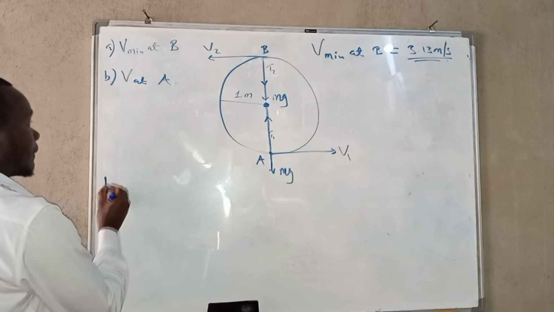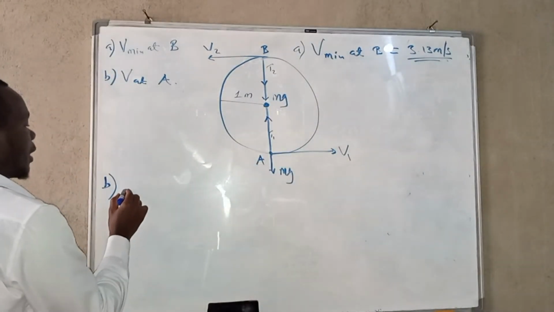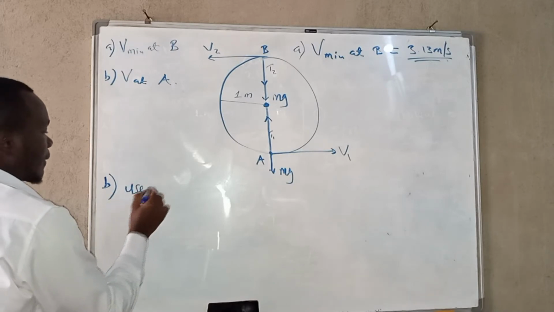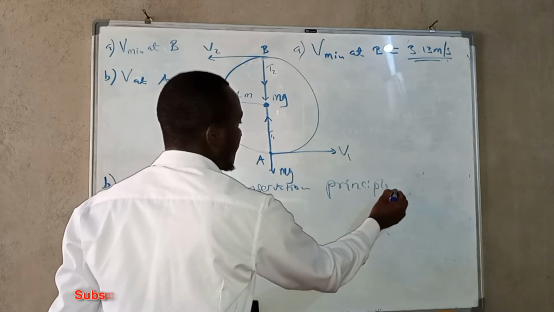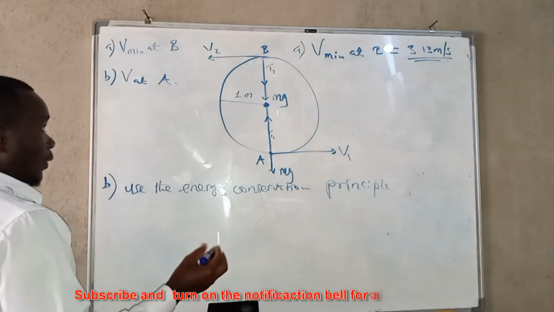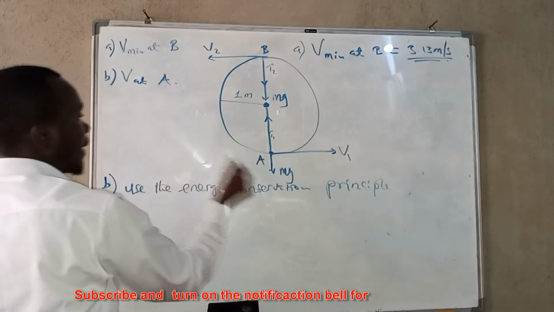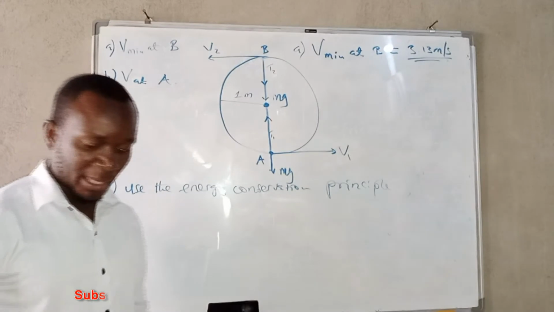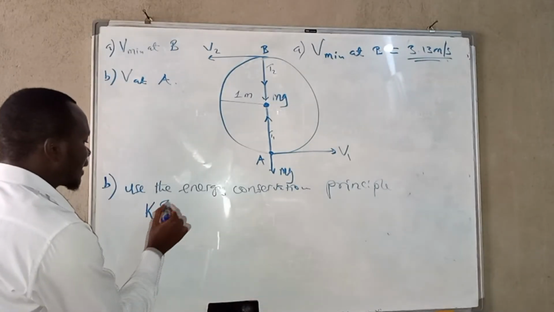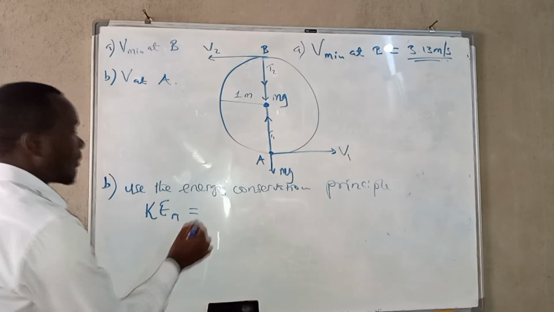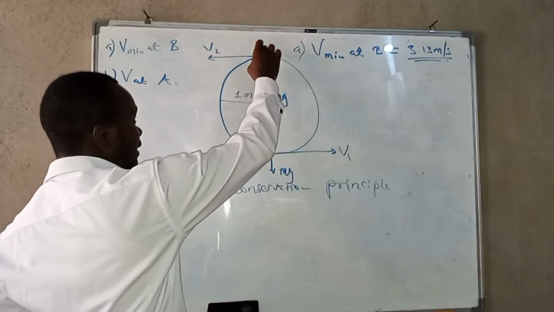So for part B, we are going to use the energy conservation principle. Since we want to find the velocity here, and the energy possessed by a moving object is kinetic energy, we have the kinetic energy at A. That must be equal to the total energy here.